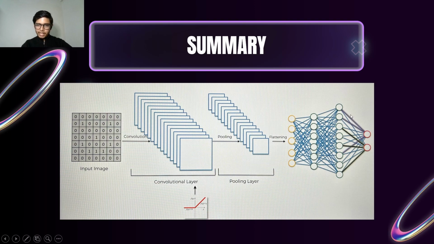Then there might be some retraining. And after a lot of training, the outputs will be displayed, and there will be, let's say, just two outputs, a dog or a cat. So let's say the chance of that image being a dog is 95%, and the chance of it being a cat is just 5%. So that's how the whole CNN works, and that's how it recognizes images.